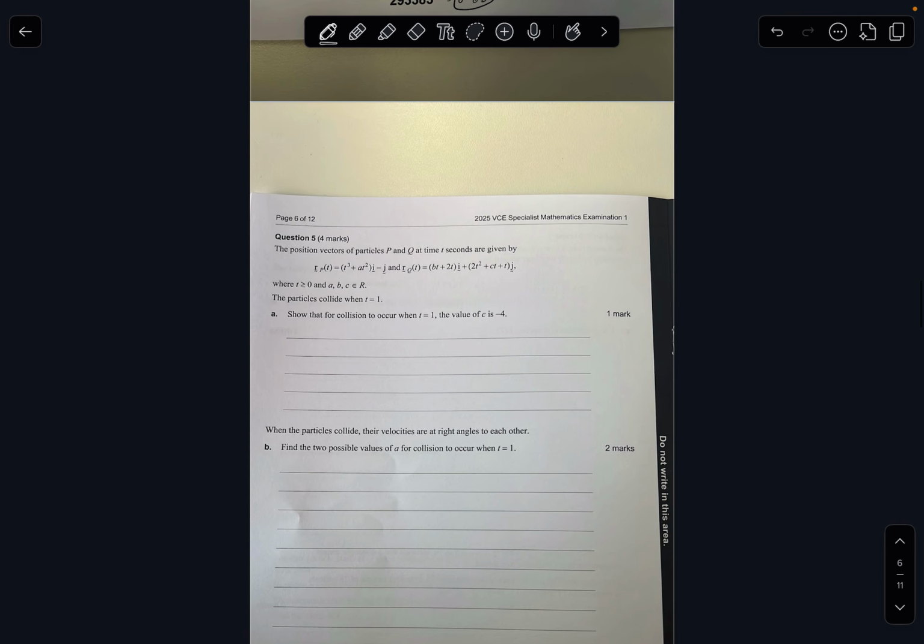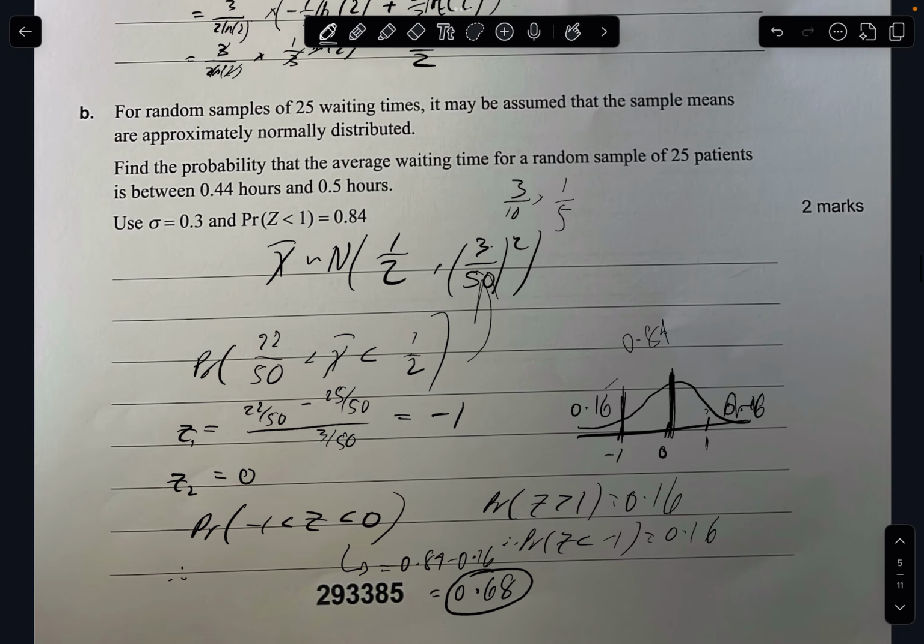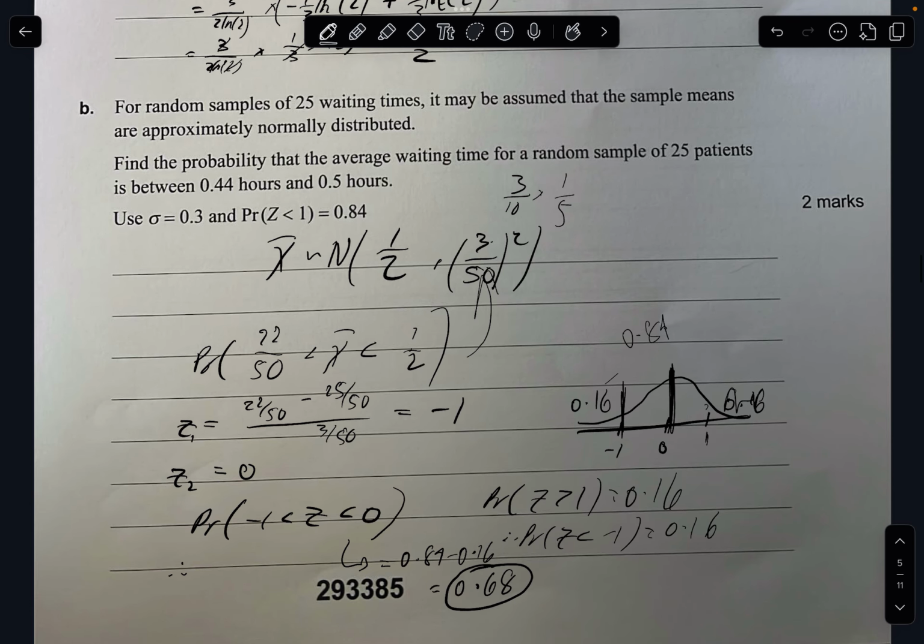It shouldn't be. It's just one standard deviation away from the mean. Oh, again, I've done this. It should just be 0.34, which is half of the 0.68.